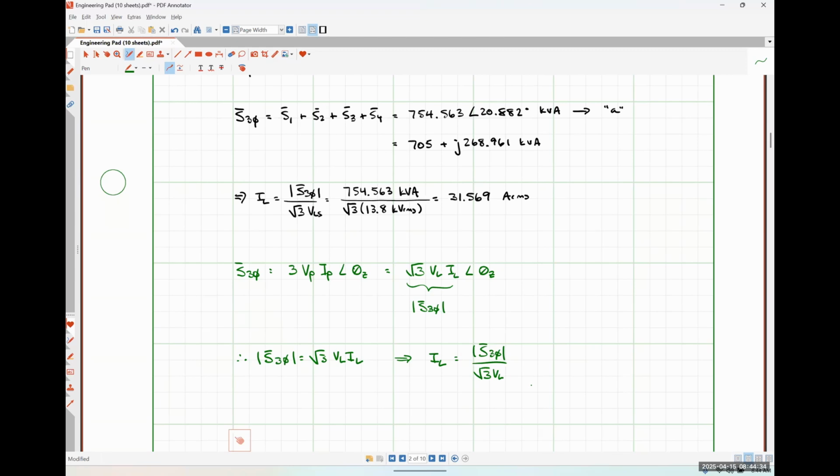All right, so how do we get our power factor? Cosine of the angle, absolutely right. So the angle that we have is 20.882 degrees.